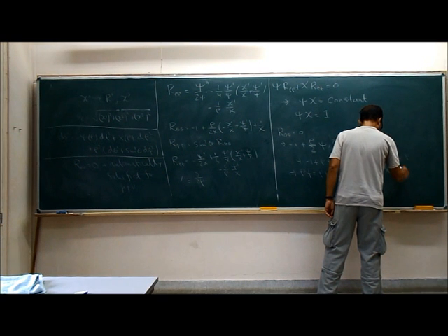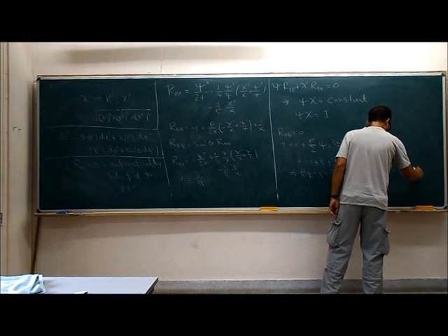And then chi is 1 plus c over rho inverse.